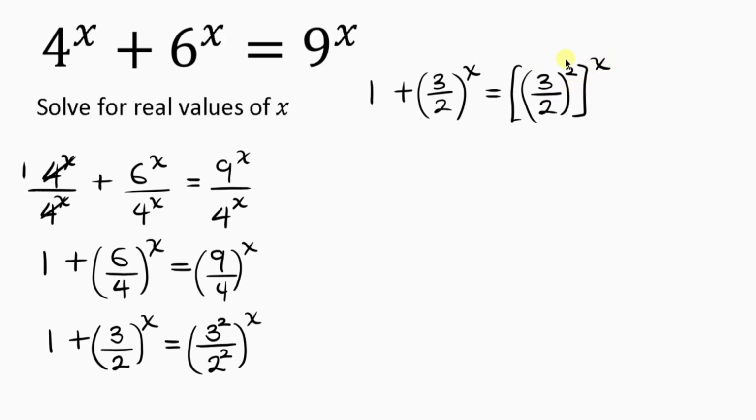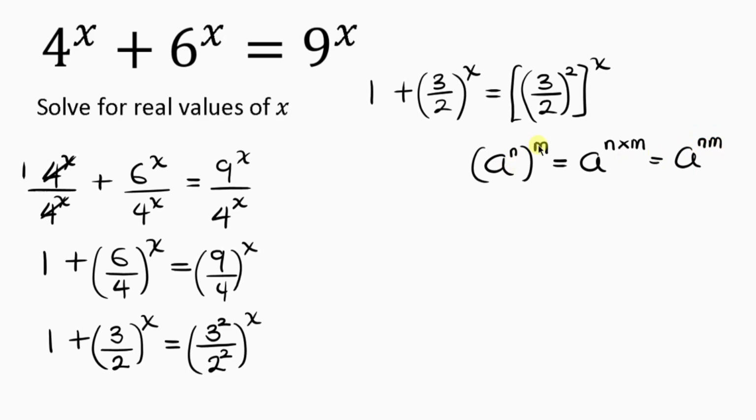I'm going to be applying the law of indices here, which says that even when I have a power inside and a power outside, I can switch their position. I can move these 2 out and bring in the x. Why? Because when I have a to the n raised to power m, this is the same as a, now multiply the power, n times m, which will give a to the power of nm.